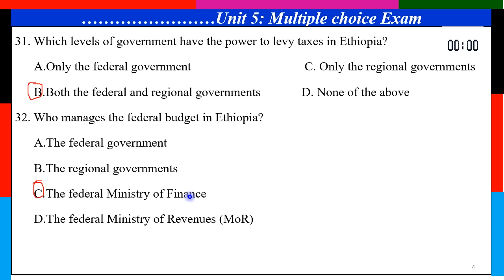The budget year closes at the end of June 30, and the new budget is opened on July 1. The budget is, for the first time, prepared by the Ministry of Finance, and then the Parliament approves it.